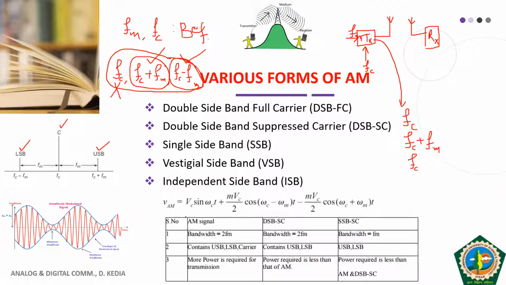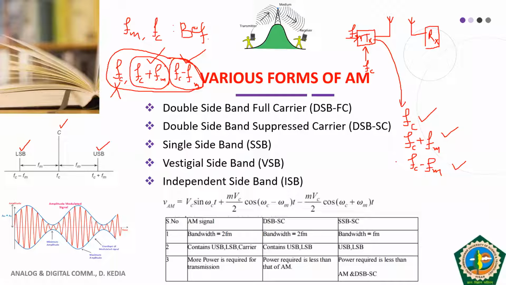If you remember, the main logic of using the carrier was that the carrier was a high frequency component which could travel a longer distance, and that's why we needed it. Now, because of modulation, we have got three components: FC, FC plus FM, FC minus FM. FC plus FM and FC minus FM are both high frequency components.